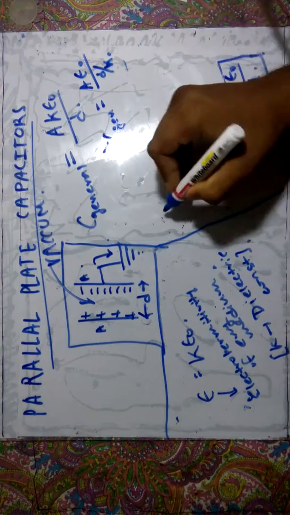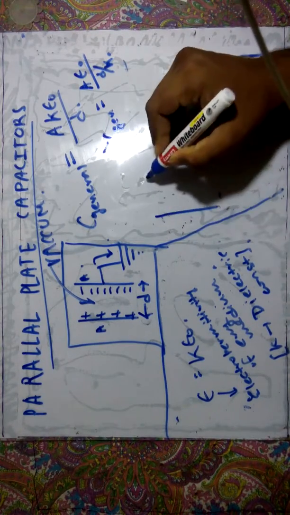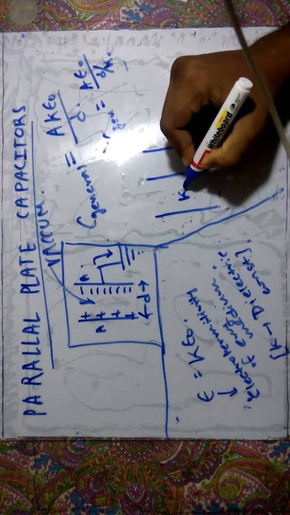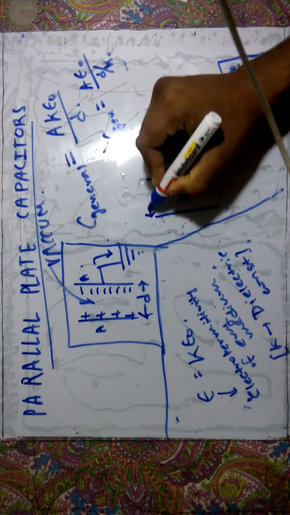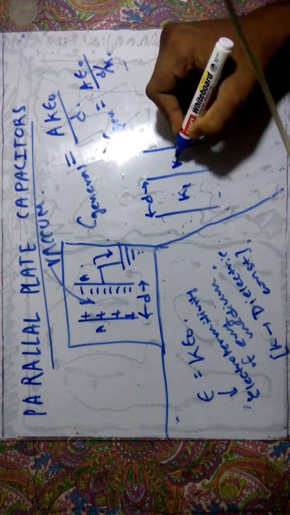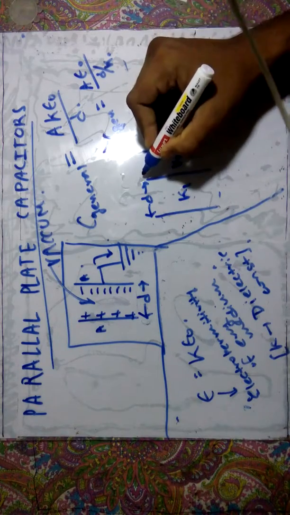Now suppose we have a capacitor like this, having permittivity K1 in this region and K2 in this region.